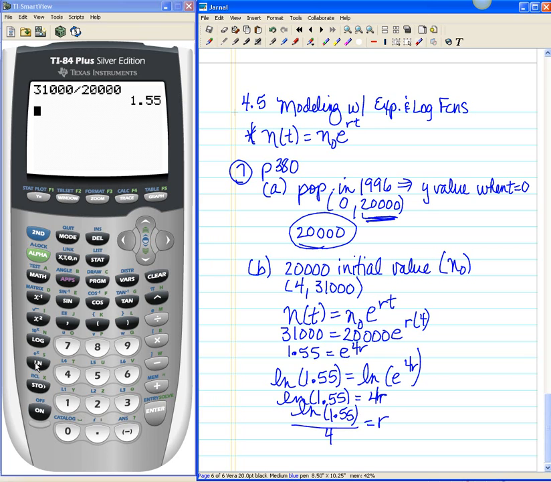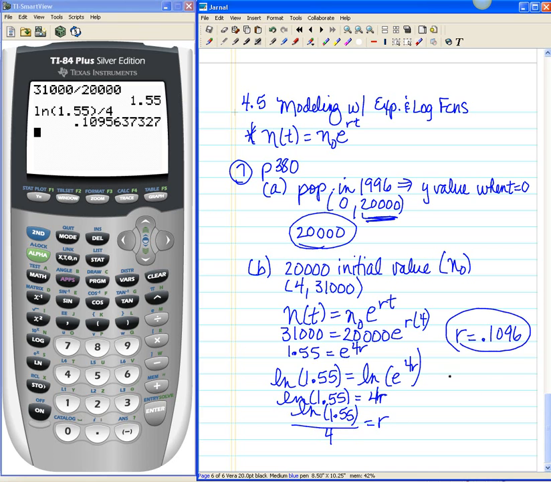So if we take the natural log of 1.55, divide by 4, we're going to find that r is 0.1096. And notice that r should be positive because this is modeling exponential growth, not exponential decay.